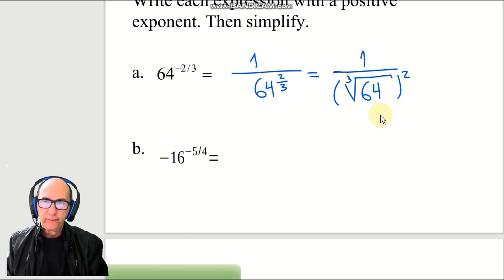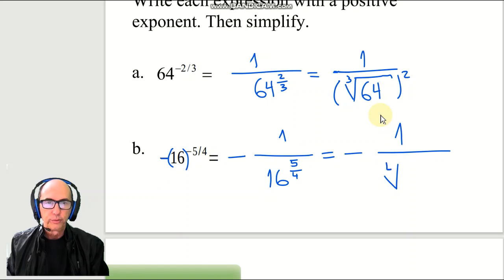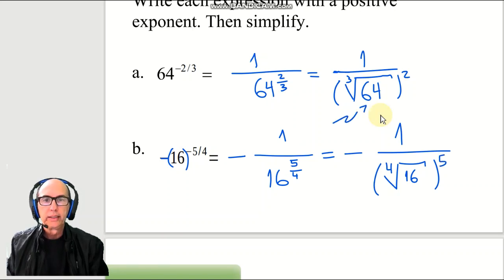The negative is not submitted to the power, it's only the number 16. So negative. The exponent is negative, so let's rewrite 1 over 16 to the 5 over 4, power positive 5 over 4. So negative 1 over 4th root of 16, power 5. Look, we can simplify this, right?